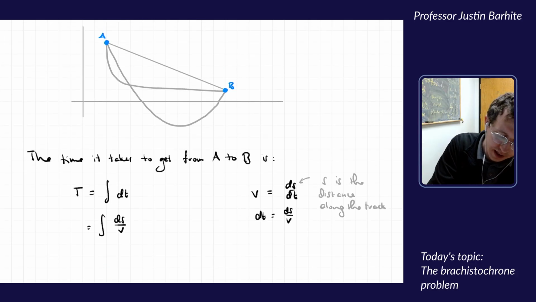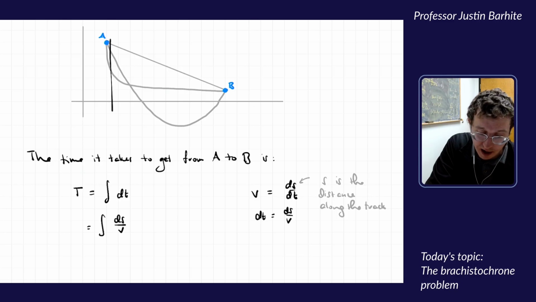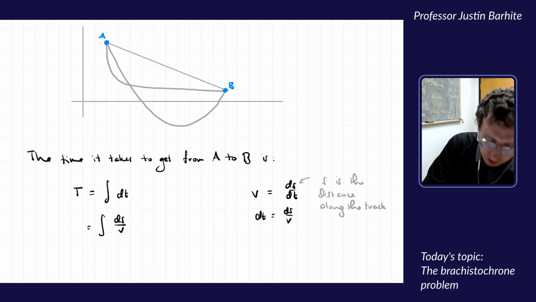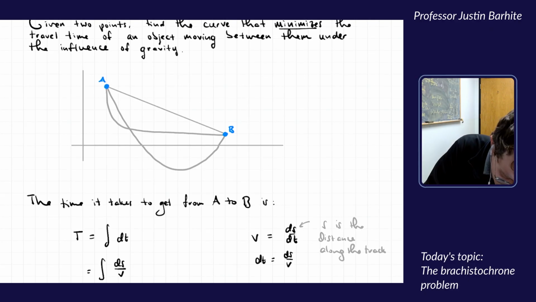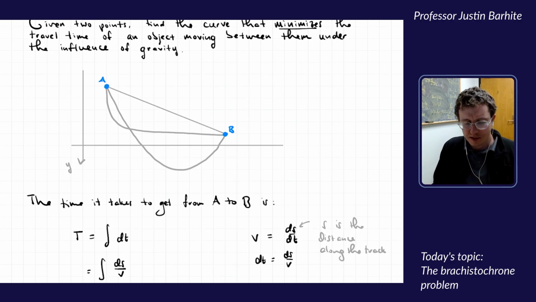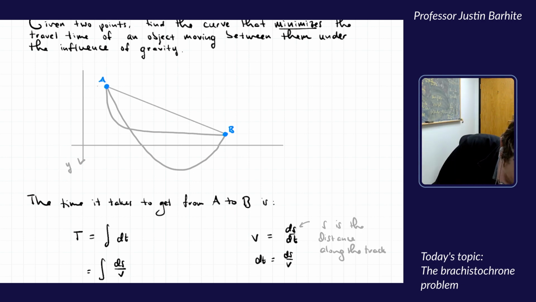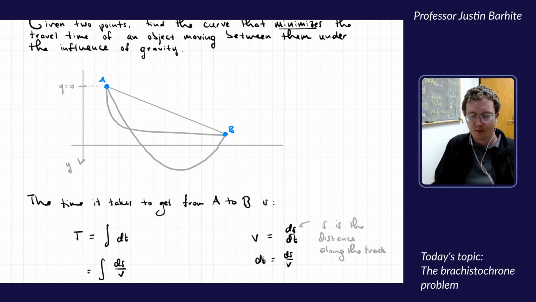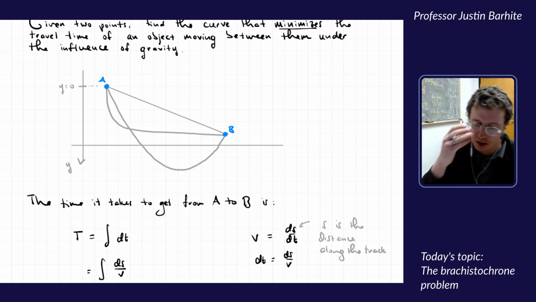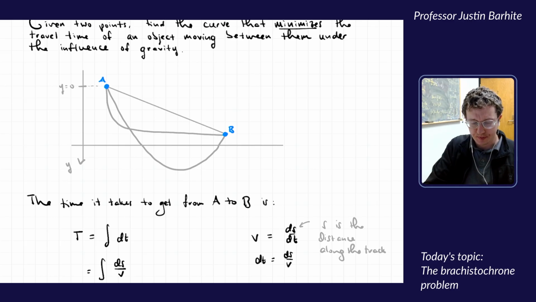And the point is that the marble's speed only depends on how far it has descended. So I'm going to use a coordinate system where y actually points downward. That's just going to make the math a little bit simpler. And I'm going to set the origin of my coordinate system so that y equals 0 is at the top.